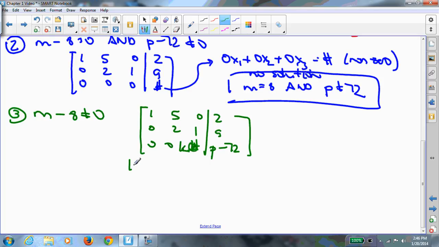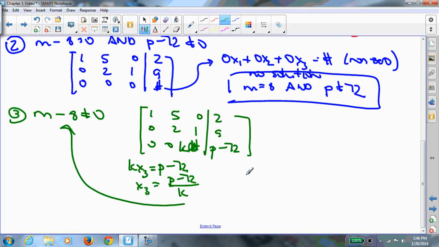That means kx3 equals p minus 72, and x3 equals (p minus 72) over k. Now, typically I have to worry about k equaling 0, but in this case, I already said it's not equal to 0. That means I can solve for x3, which means going back here I can solve for x2, which means back here I can go ahead and solve for x1. So I have a one solution situation if m is not equal to 8.